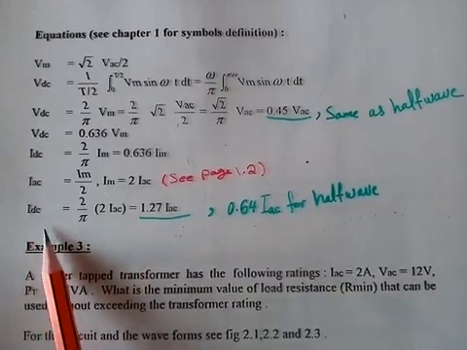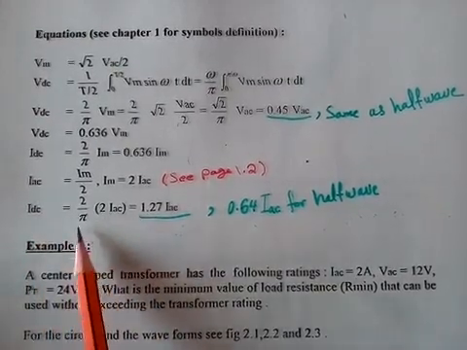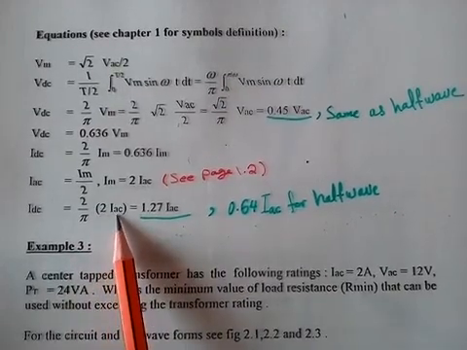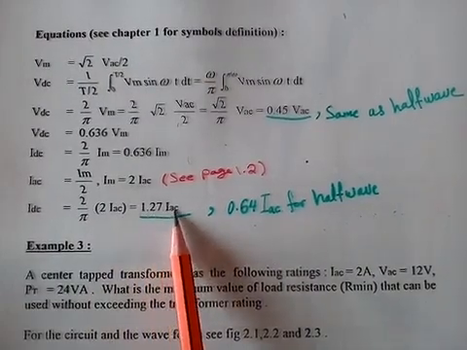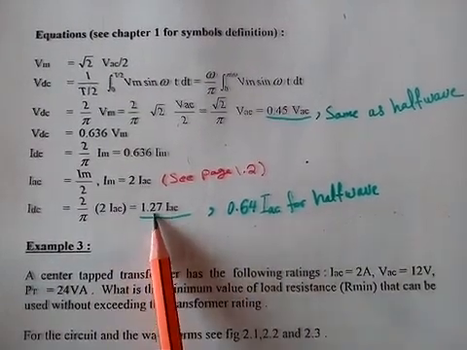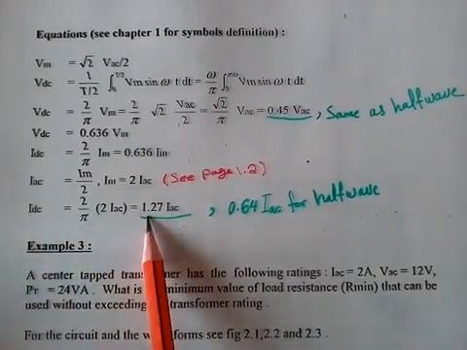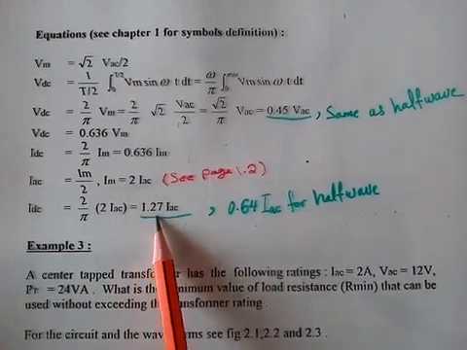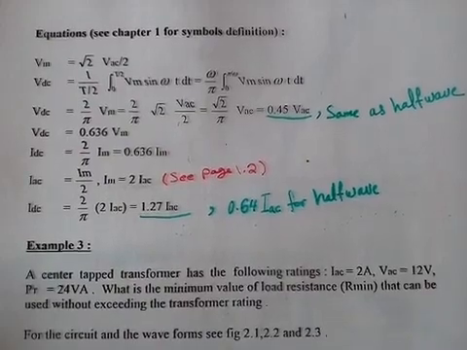IDC, which is the average load current, would therefore equal 2 over pi multiplied by 2 times IAC, and that would equal 1.27 of IAC. So the total average load current is allowed to be 1.27 of IAC without exceeding the transformer specifications.